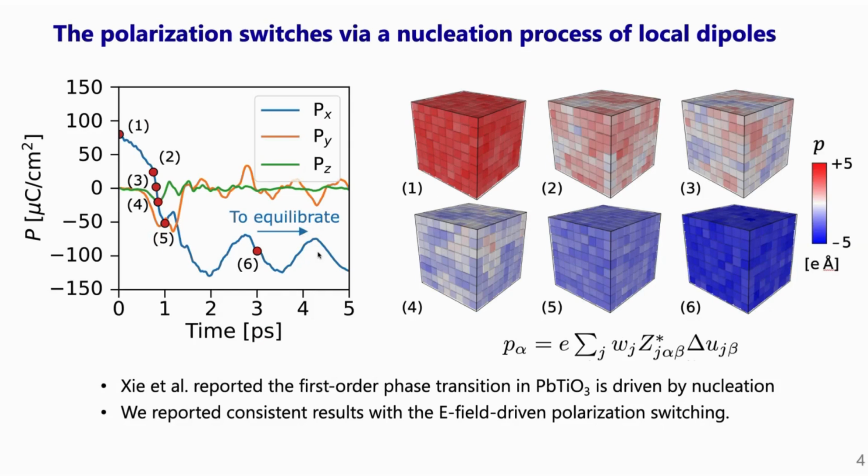And we can also look at the mechanism for this polarization switch. So here, originally we have spin up. Now we add external field to make it spin down. And you can see that the mechanism is via the nucleation of small domains of the opposite spin. And then these domains would grow and coalesce, and finally the spin of the whole system flipped.